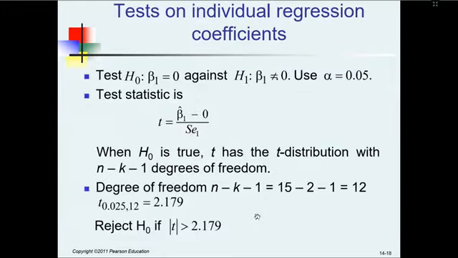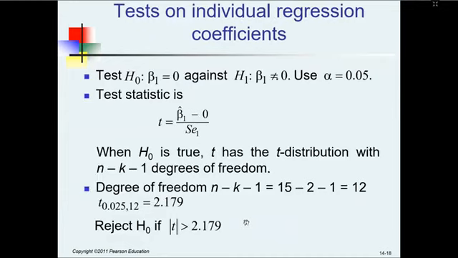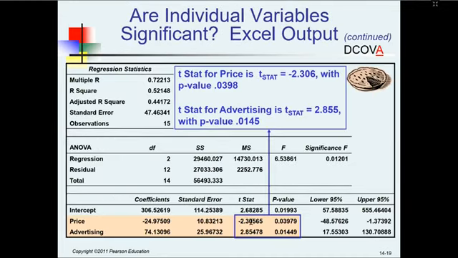So we say we should reject when it is greater than 2.179. Is the absolute value greater than 2.179, or less than?